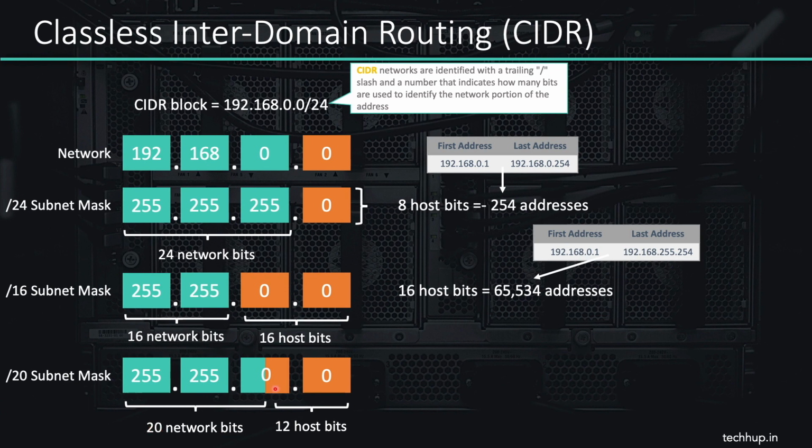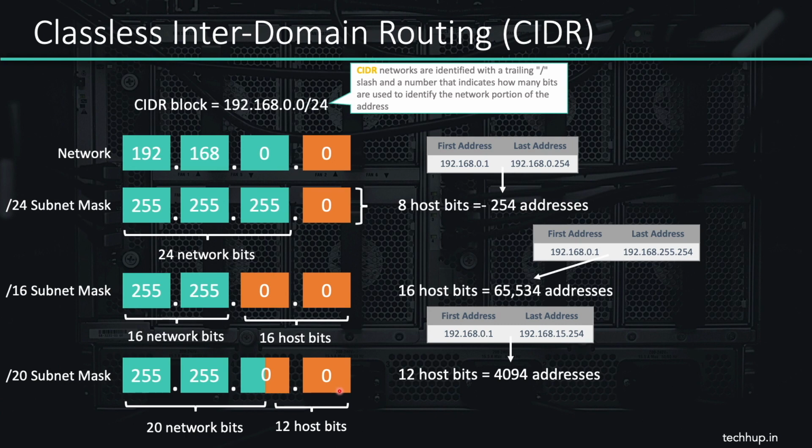So we have borrowed 4 network bits into the host bits, and that gives us a total of 12 host bits, which leads to 4094 unique IP addresses, and the range looks something like this.